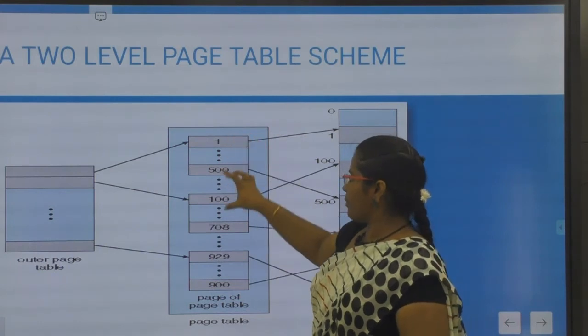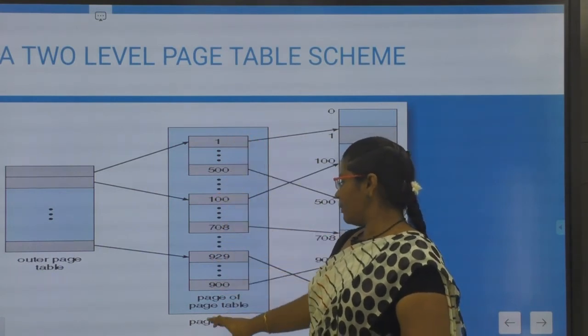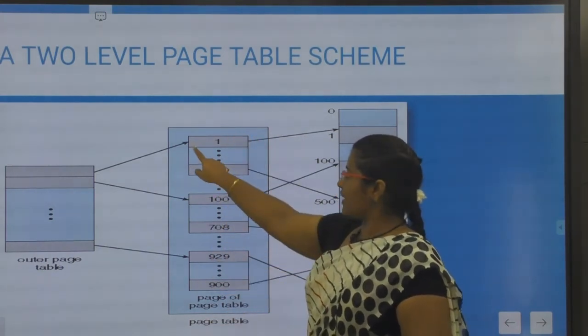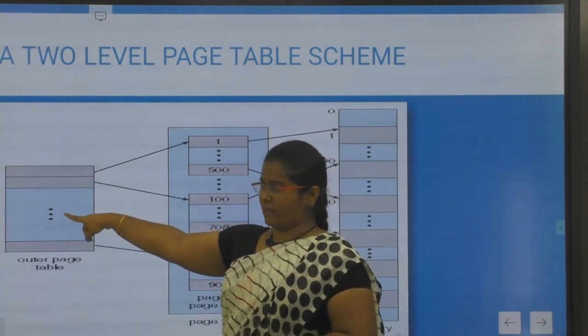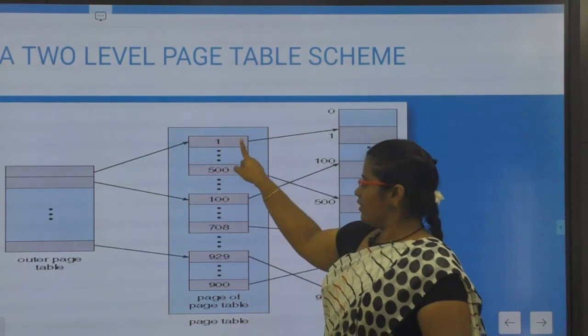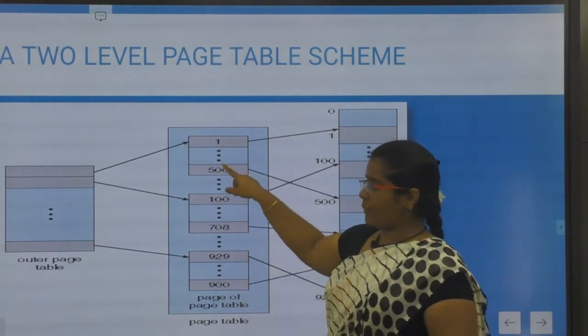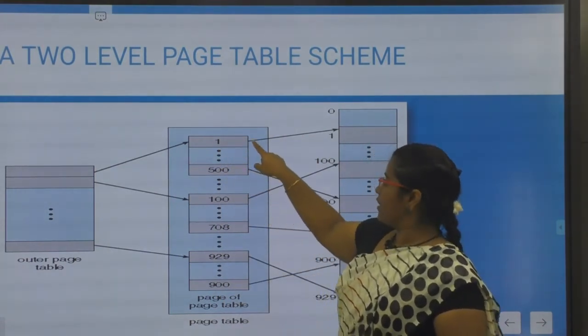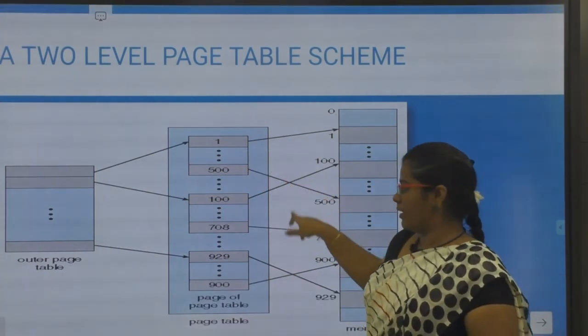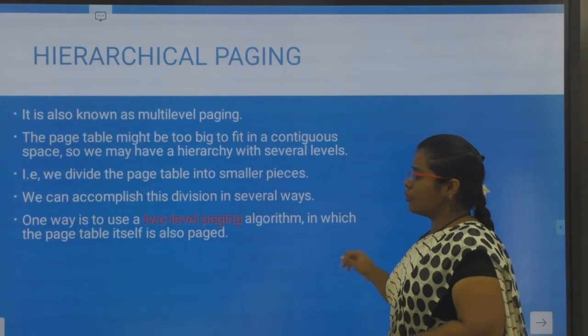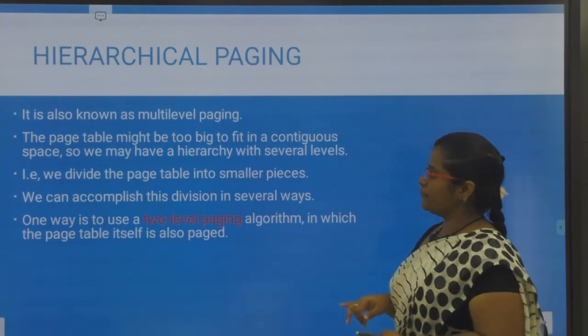So this is page table 1, page table 2 and so on, page table n. The starting base addresses of these page tables are stored in the outer, first level page table, and in this second level we will have a number of page tables. These page tables contain the actual frame numbers of your pages. So this is the 2-level paging.